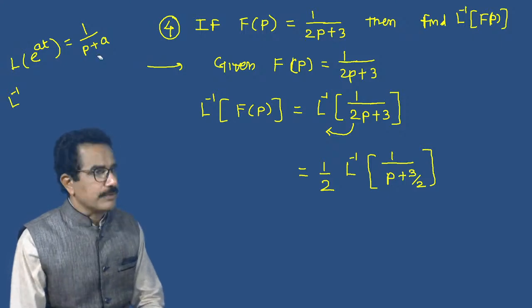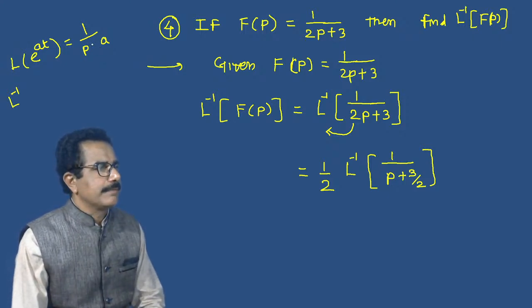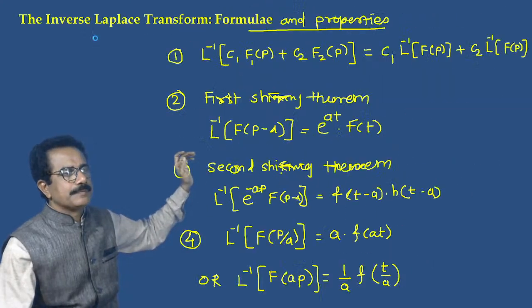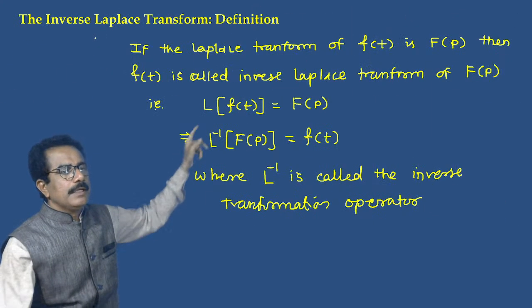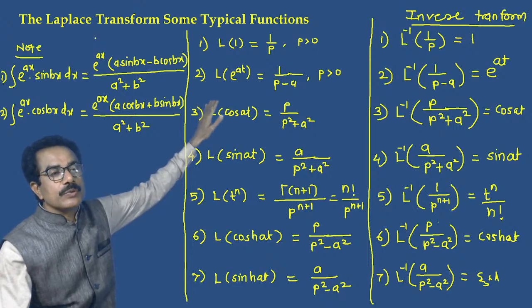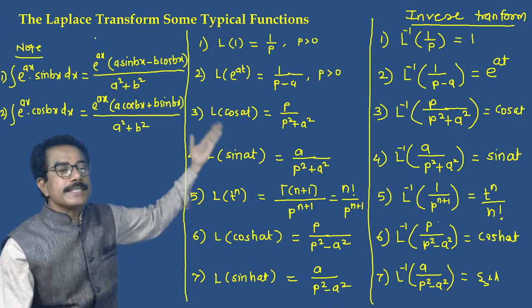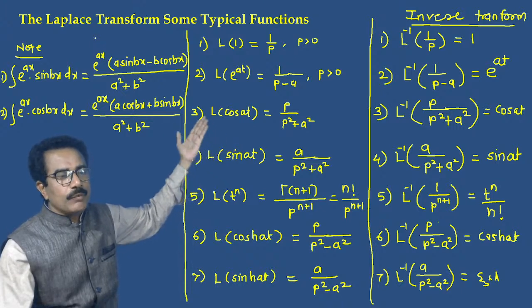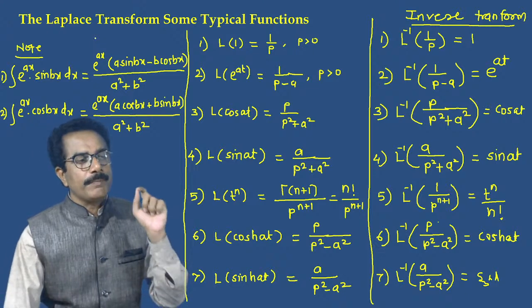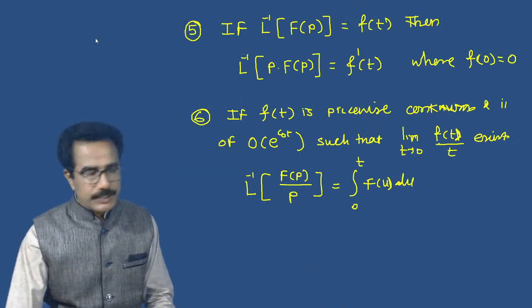Again you have to see this formula, the second formula: L of e raised to at is equal to 1 upon p minus a. So its inverse Laplace transform, L inverse of 1 upon p minus a, is equal to e raised to at.